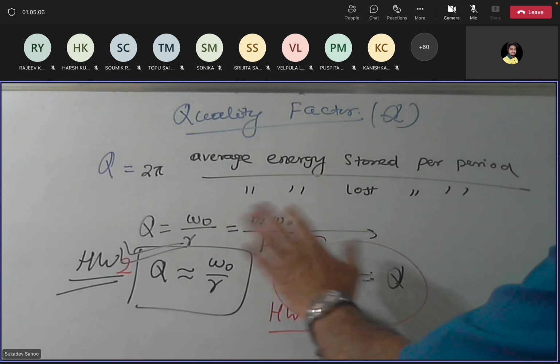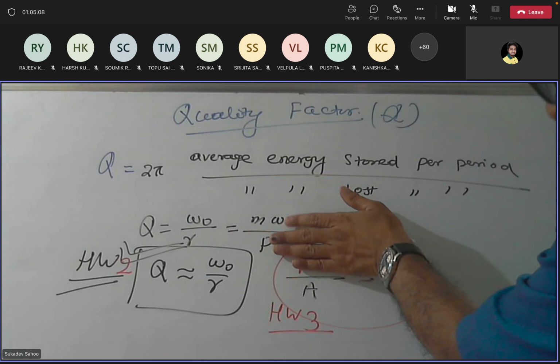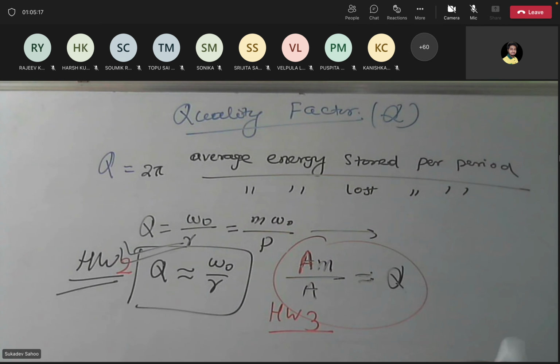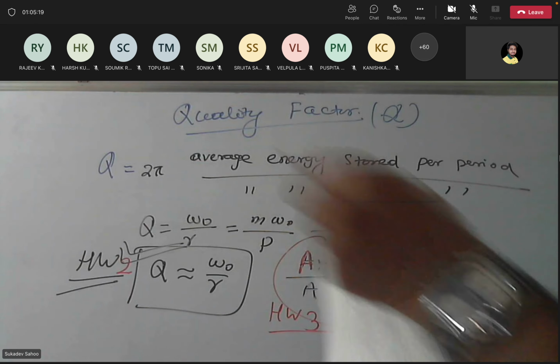Means maximum value of amplitude equals amplitude amplified by Q, quality factor. This is the indirect question.